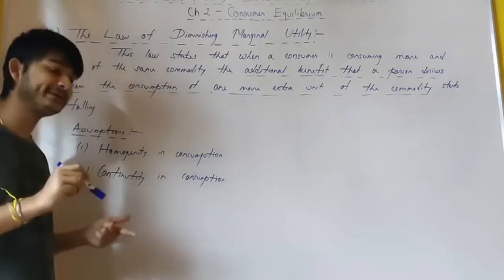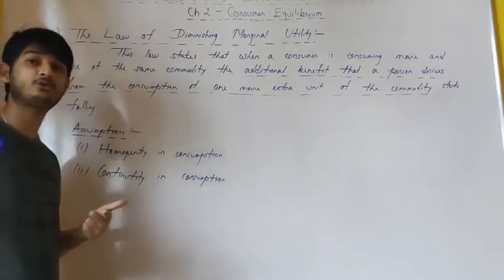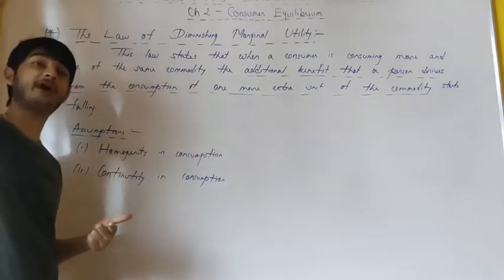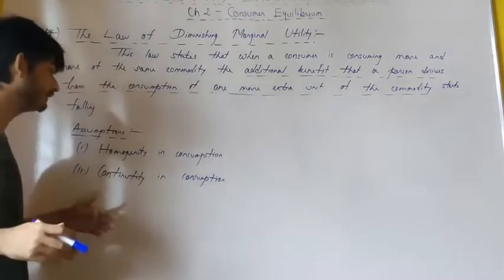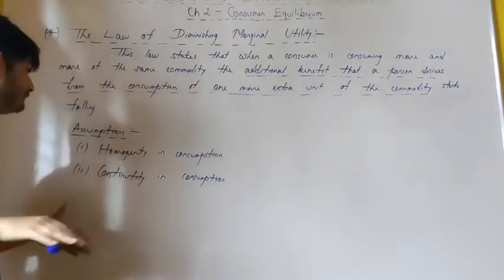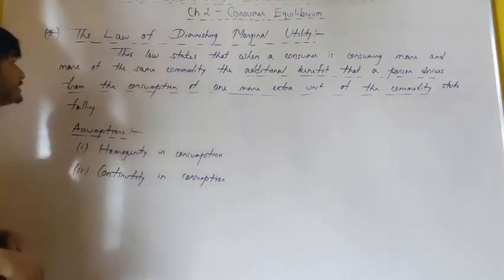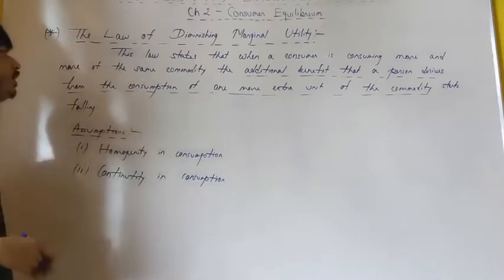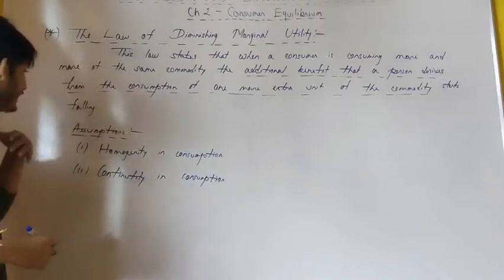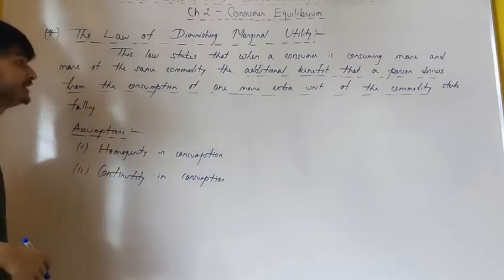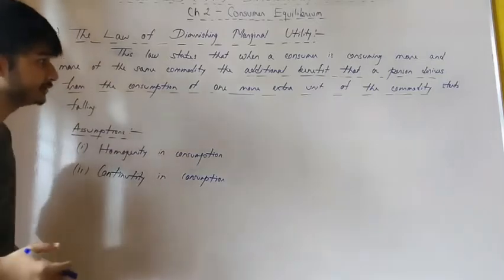Not like one bite now, then another bite two days later, third bite some five or six days later. The consumption should be continuous. So these are the two assumptions associated with the law of diminishing marginal utility, and this can be explained with the help of a diagram and a table.